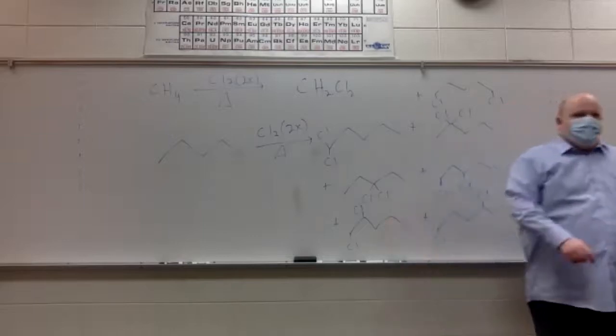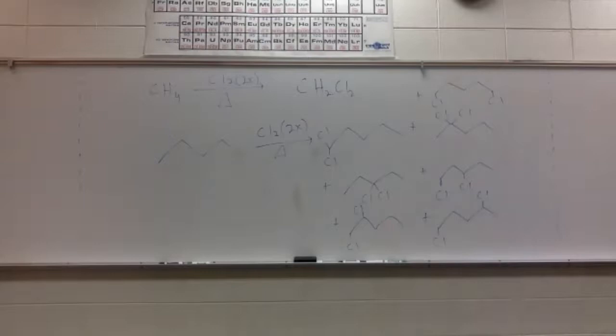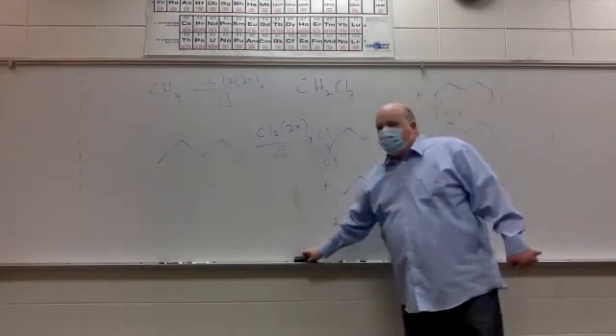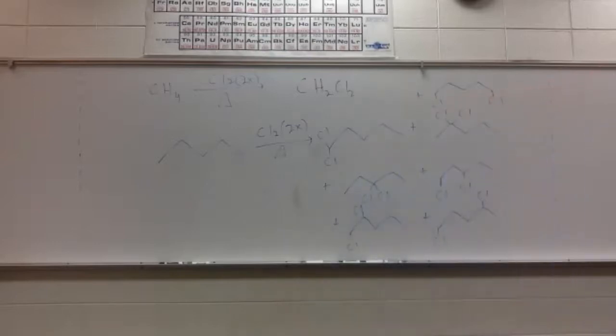So bottom line, whenever we're doing synthetic reactions, we try to avoid doing more than 1 halogenation. It's just a lot cleaner, a lot less messy. You get a lot better yield of 1 individual product. But it is possible to do. You can do more than 1 chlorination.